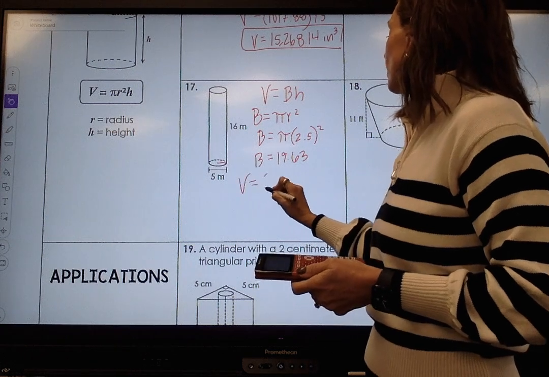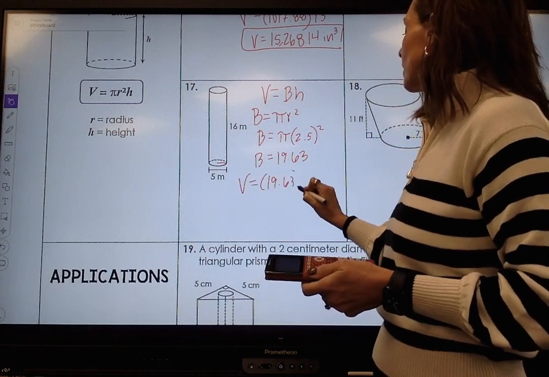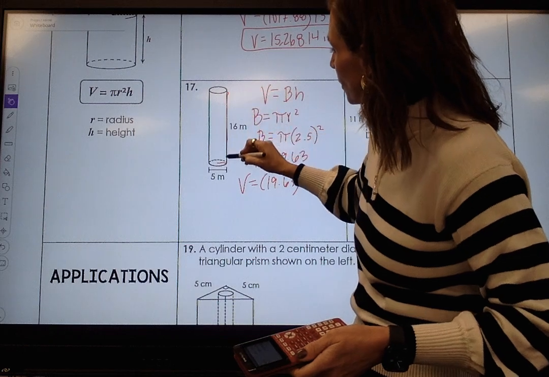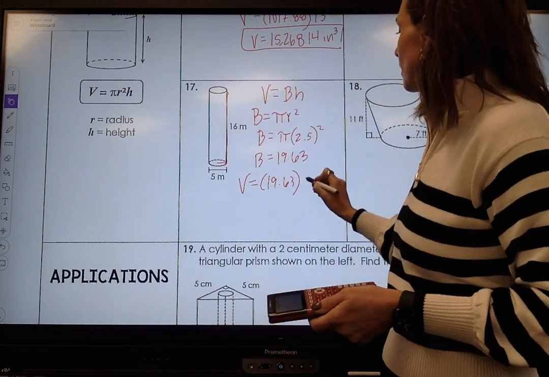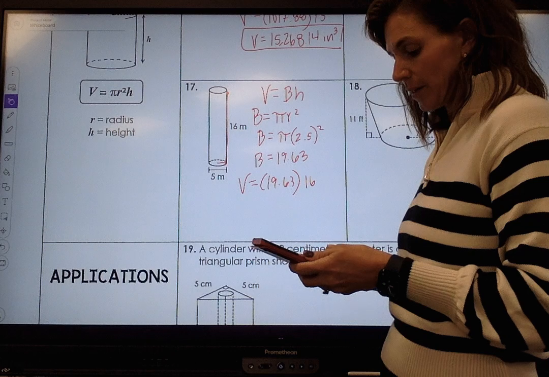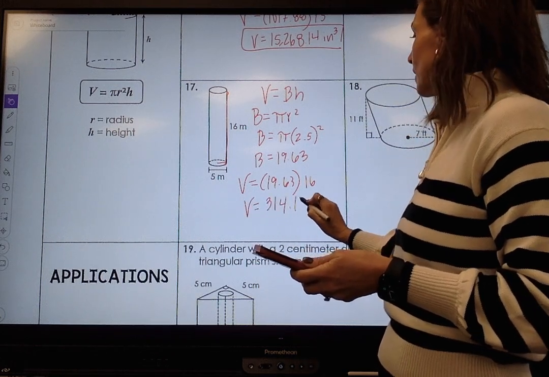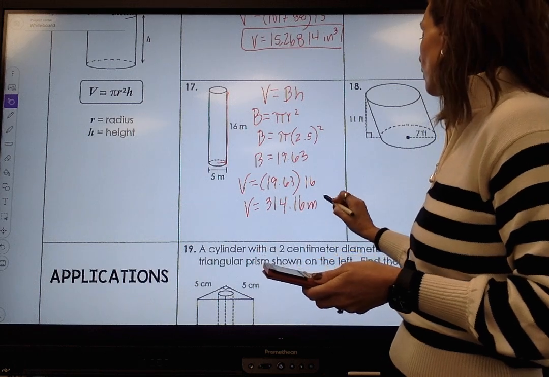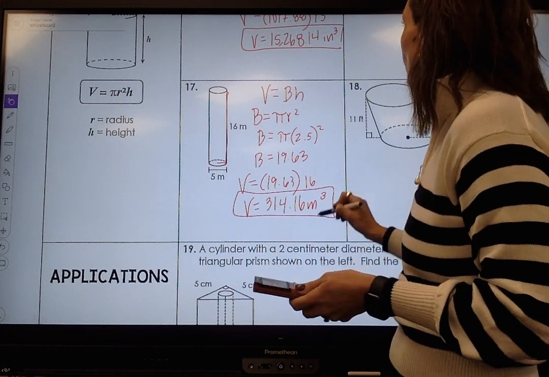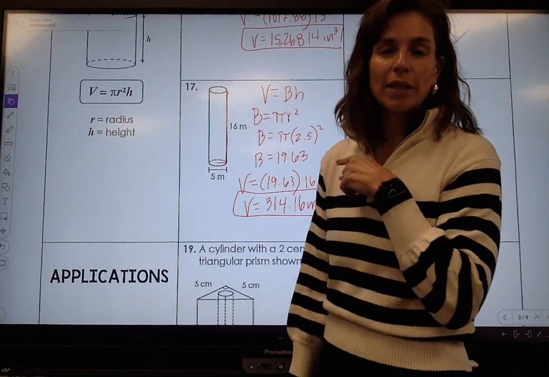So the volume is going to be 19.63 times the height of my cylinder, which is the distance that separates the bases. So I'm going to multiply that by 16. And I get volume is 314 and 1/1600 meters cubed. Okay, so that's taking a look at the cylinders.